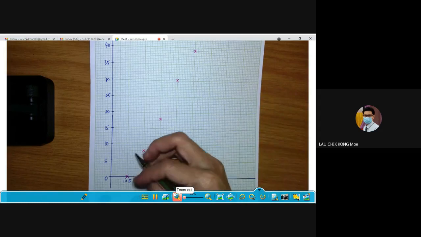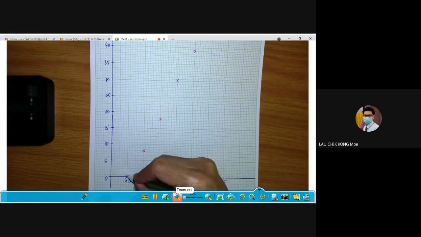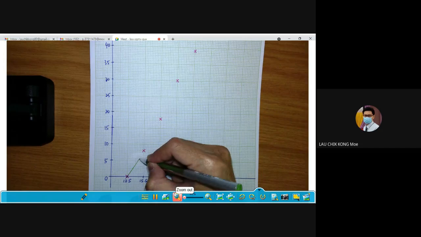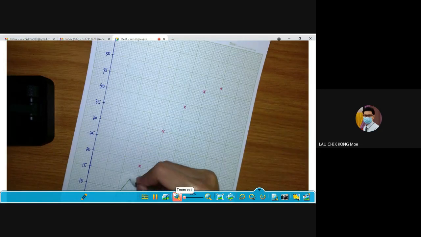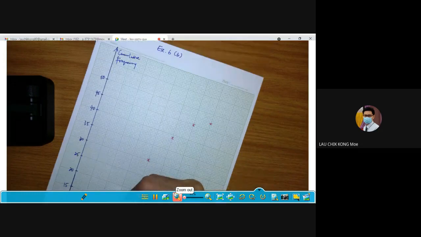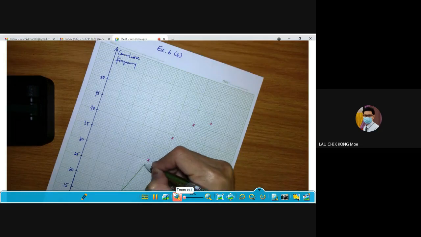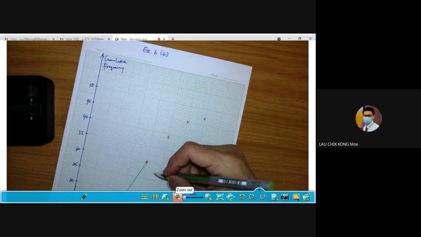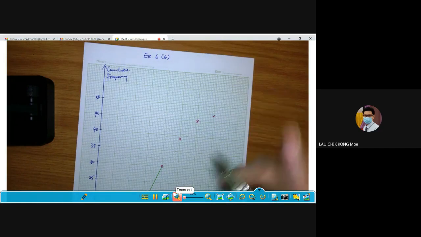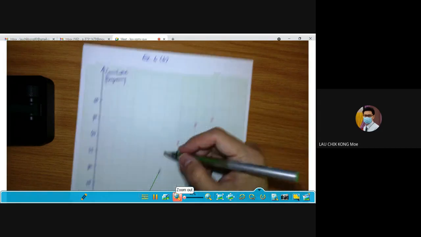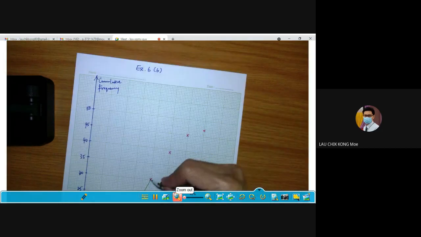Okay, so we start from 0. You need to make sure that all the points are passed through. Passing through means the curve goes through the middle of the point, not the edge.